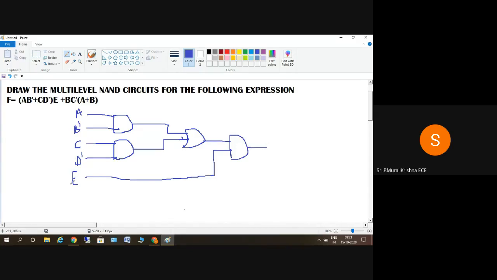The next one is BC bar, which is given to another AND gate. B C bar is given to an AND gate, and A plus B is given to an OR gate.